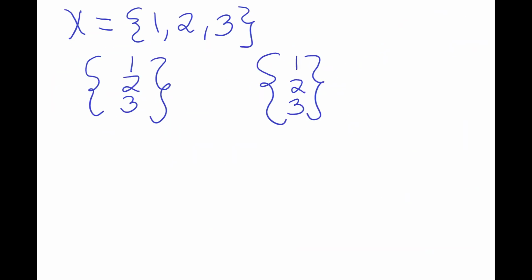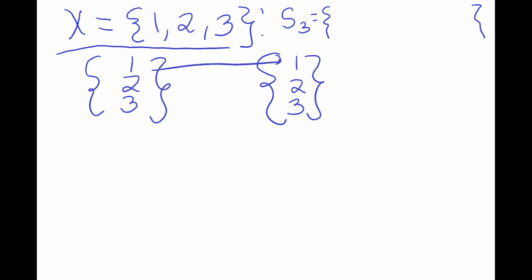So now let's take a set with 3 elements and see what S3 will be. One part is simple. I can just take the identity, so 1, 2, 3 goes to 1, 2, 3.